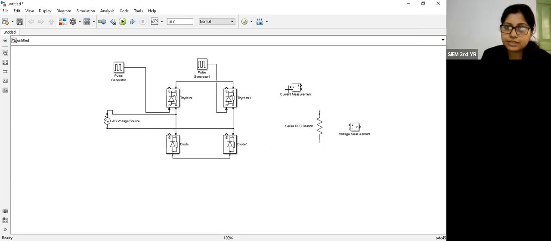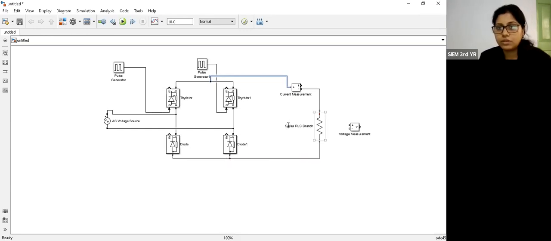So the connection is there. Okay, fine. Now the voltmeter. The voltmeter should be connected in parallel with respect to our load.